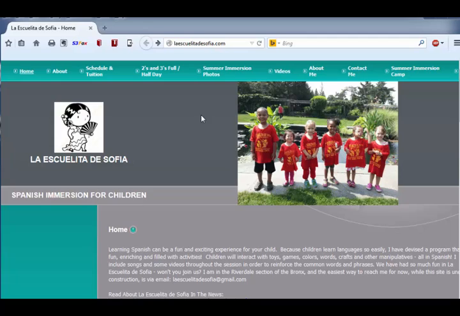So when she goes on Google or Bing and she types in daycare, she's going to type in the city where she lives. Probably won't type in the state, but she might. It would be wise if she did.